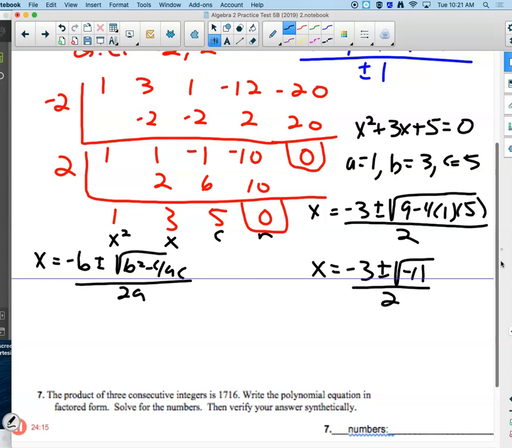So figure out how to simplify that, and I'll come back to you. The question is, what does the square root of -11 simplify to?